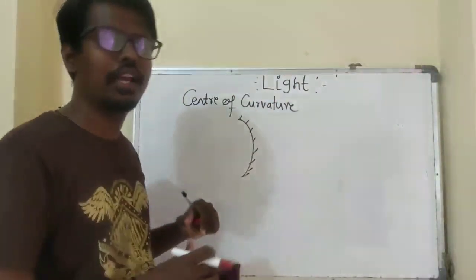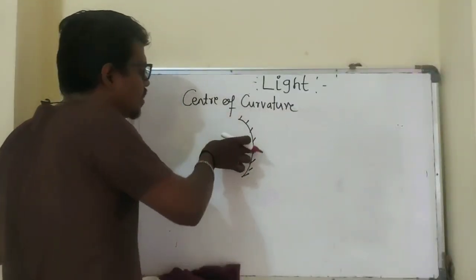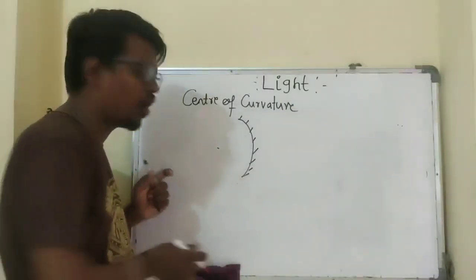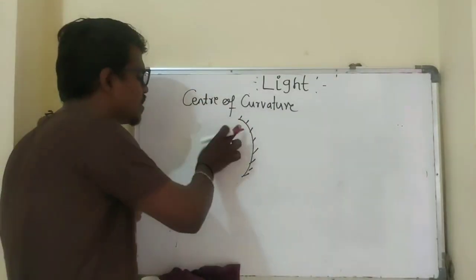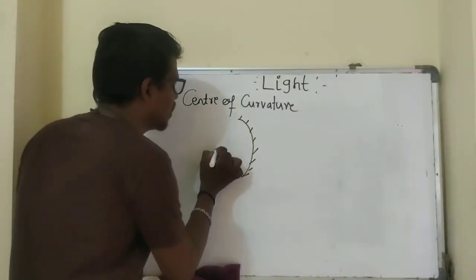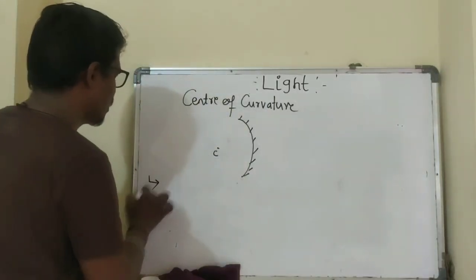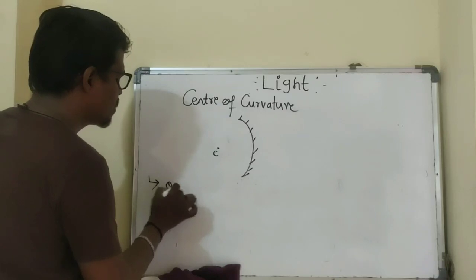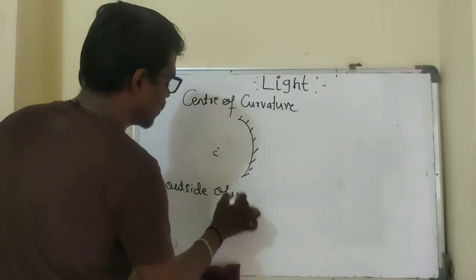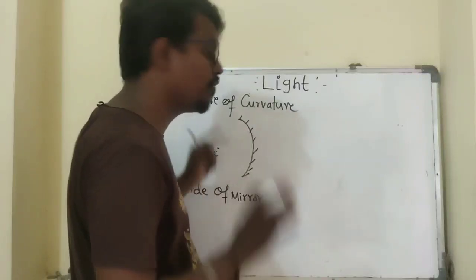Assume that it forms a circle; then the center point of that sphere, of which the mirror is a part, is called the center of curvature. This is the center of curvature. It is present outside of the mirror.